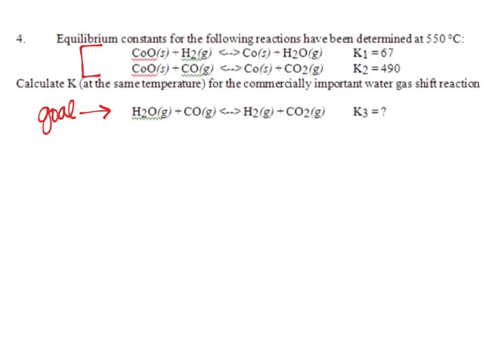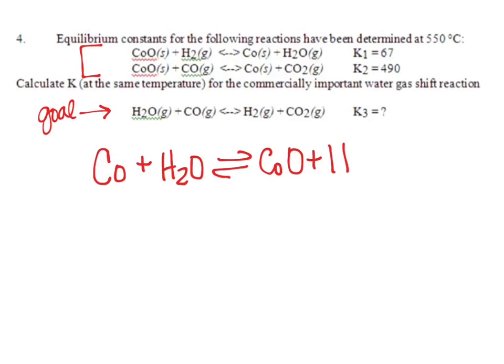So let's go to the very first one. What can we do with the very first one to help get our goal? Flip it. Okay, so let's just take that equation and flip it. So CO plus H2O, we get CO2 plus H2.